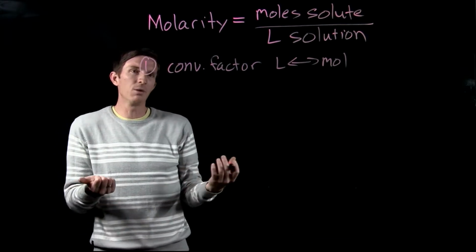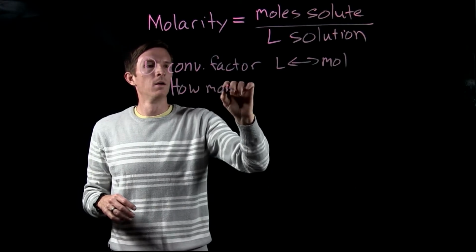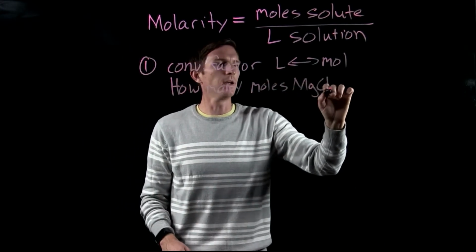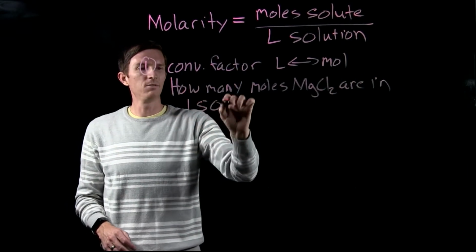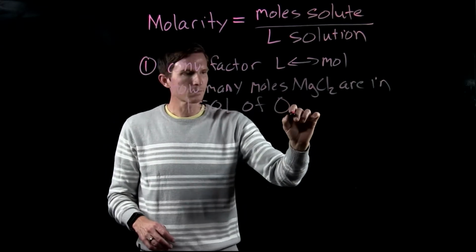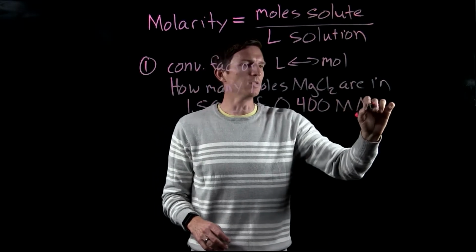Okay, so for example, let's say we wanted to find out how many moles of magnesium chloride are in 1.50 liters of 0.4 molar magnesium chloride.